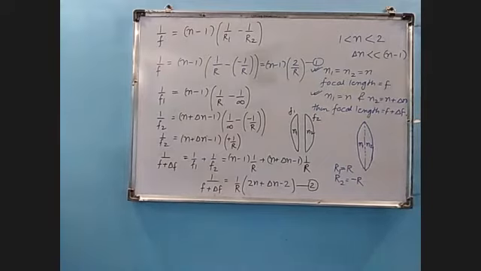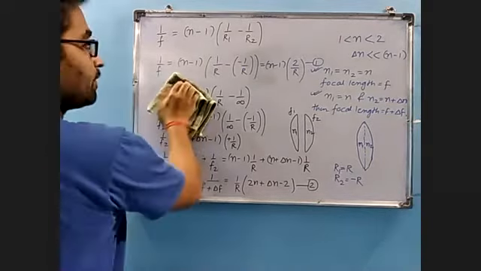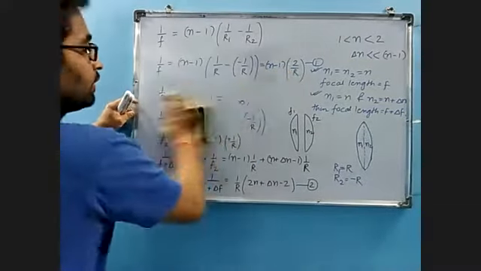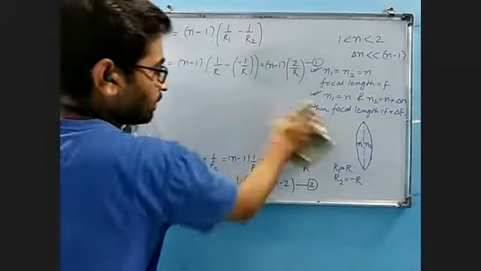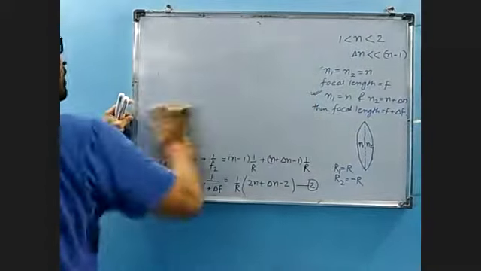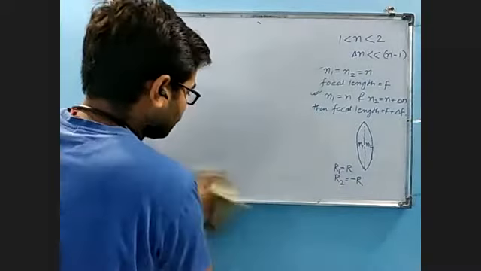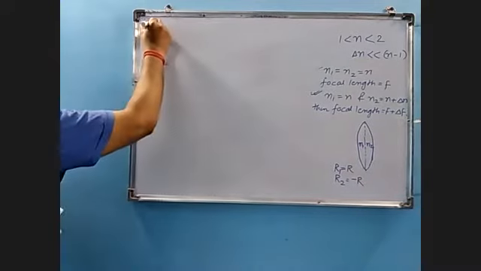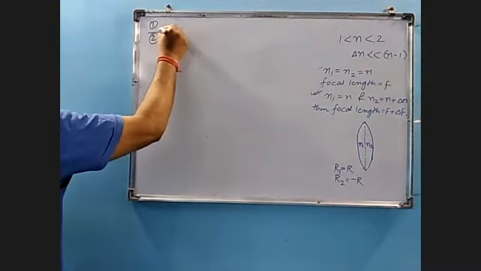Now, moving to the next part. This was the first equation, that is 1 upon f is equal to n minus 1 into 2 by r. What we will do is divide the first equation by the second equation.